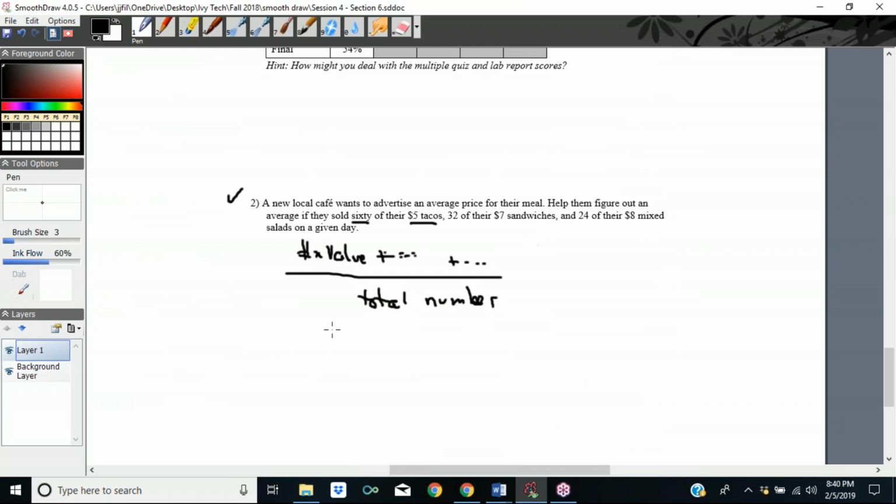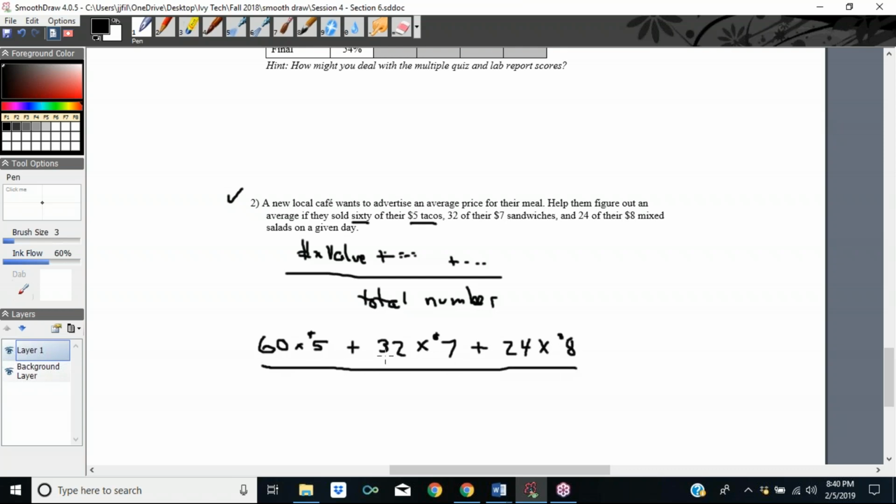All right, so here we go. 60 times the $5 plus 32 times the $7 plus 24 times $8 divided by the number of items. So let's see, the number of items, it looks like 60 tacos, 32 sandwiches, 24 salads.